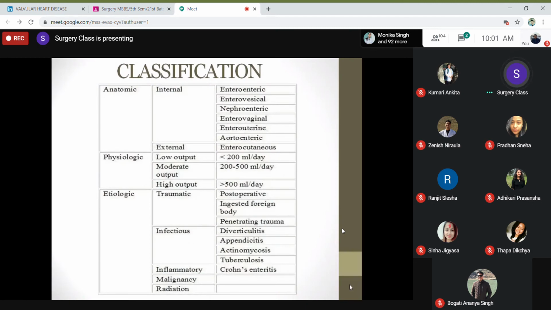Then again, malignancy of the rectum can cause rectovaginal or rectovesical fistula, or the rectum can form fistulas with other parts of the intestines. Similarly stomach and other malignancies. And radiation, as I have already told you: after radiation, the intestines can develop internal fistulas or enterovesical fistulas, or after surgery, enterocutaneous fistulas.